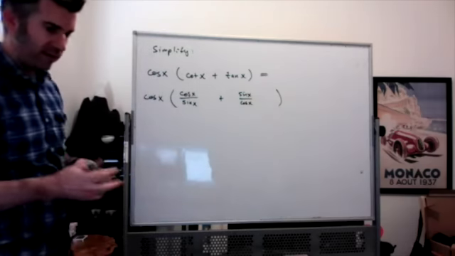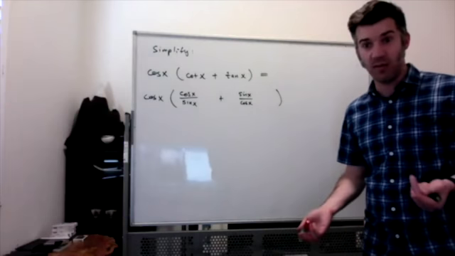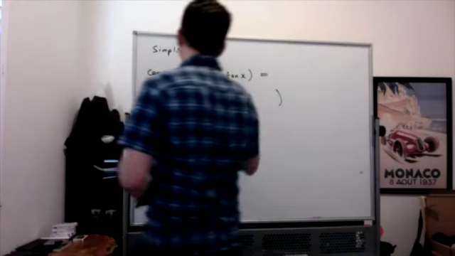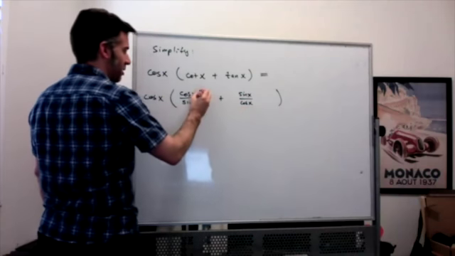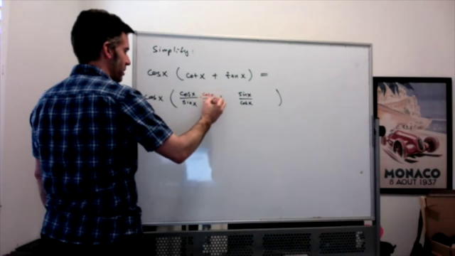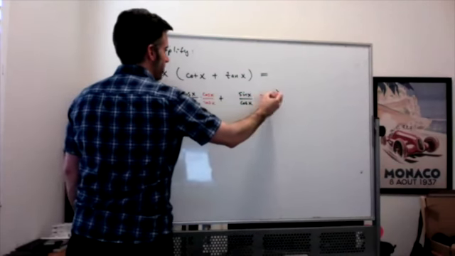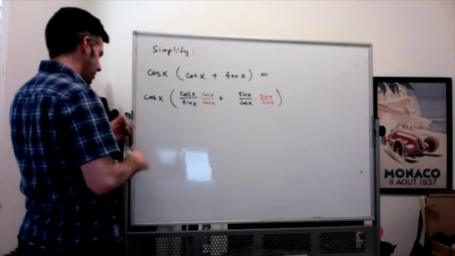I left a little extra space here because if I want to add these fractions, I need a common denominator. So cosine over sine and sine over cosine, the denominator is going to be sine times cosine. So I have to multiply this by cosine x over cosine x, and this by sine x over sine x.